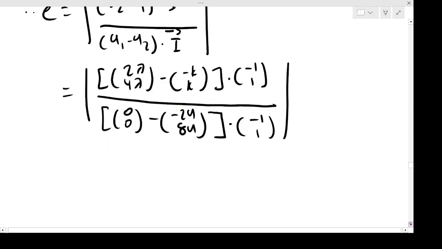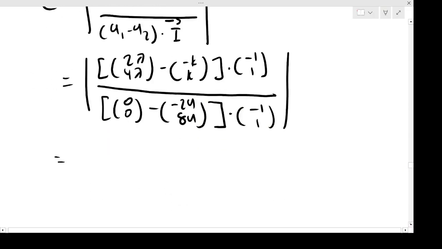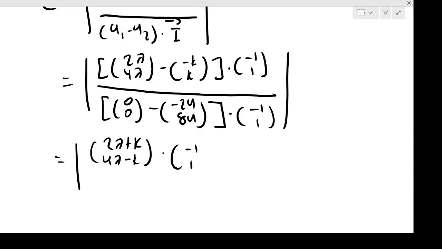And so at that point, I'll just simplify it down. So if I now subtract the vectors, I'm going to get 2 lambda plus k, and then 4 lambda minus k, dotted with minus 1, 1, and then plus 2u, and then minus 8u, dotted with again minus 1, 1.